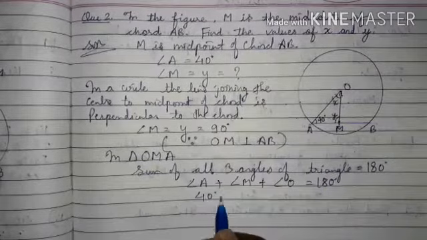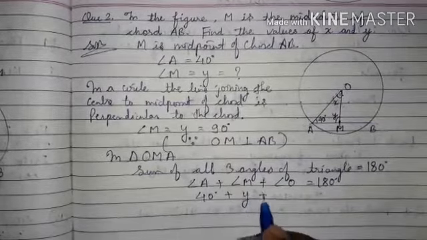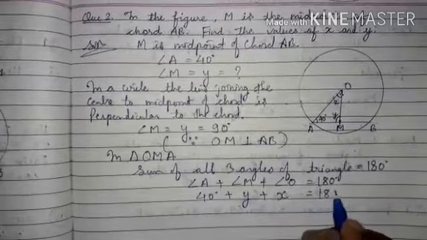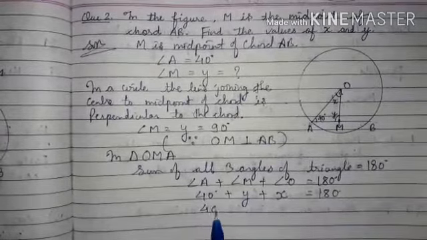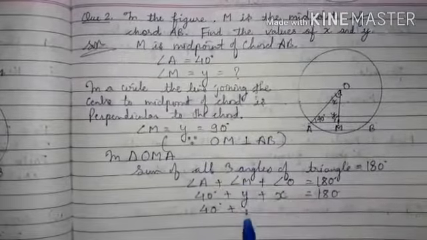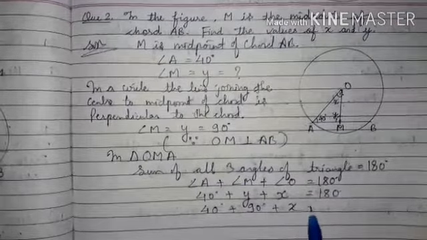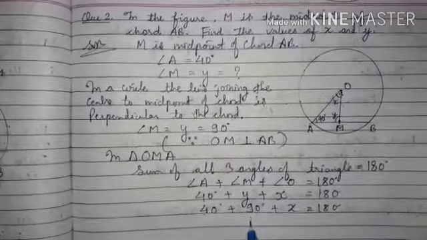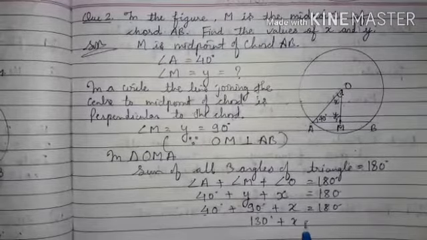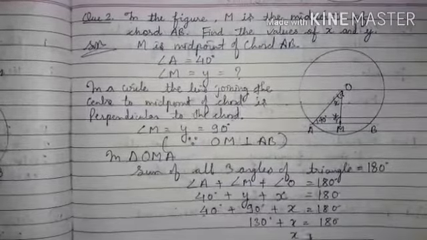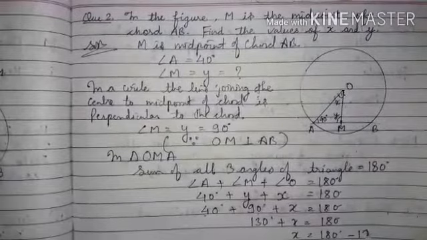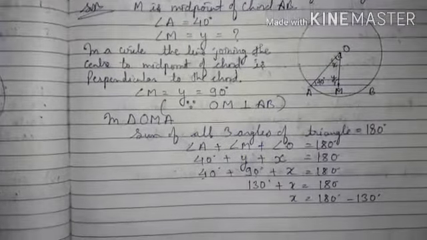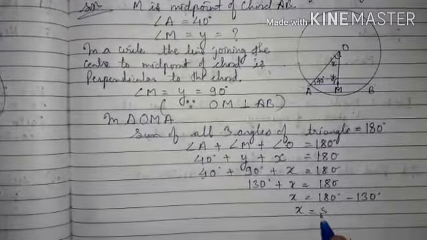Angle A is 40 degrees, angle M is Y, and angle O is X. So angle A is 40 degrees and angle Y is 90 degrees and X we have to find. So 40 plus 90, 130 plus X is equal to 180. So X is equal to 180 minus 130 degrees. So X is equal to 50 degrees.